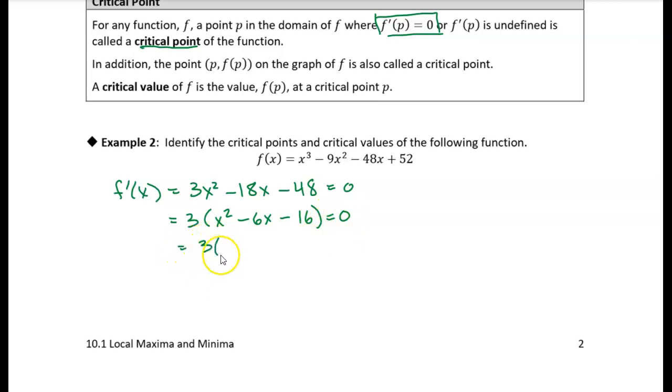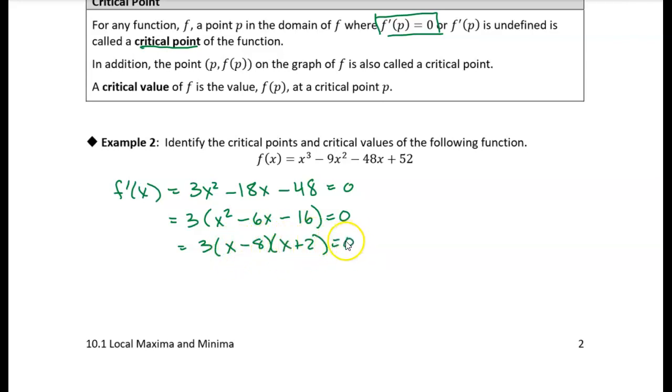So I'm going to factor this quadratic. So I'm looking for factors of negative 16 that add to negative 6. Well, negative 8 times a positive 2 would multiply to negative 16 and add to negative 6. So I'm going to factor this into x minus 8 and x plus 2.